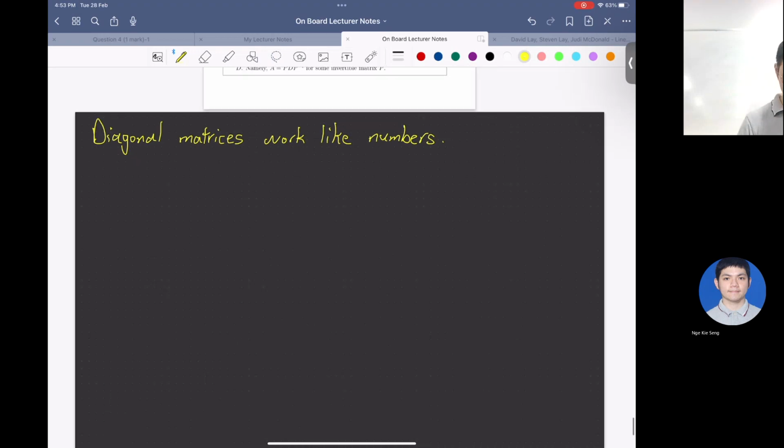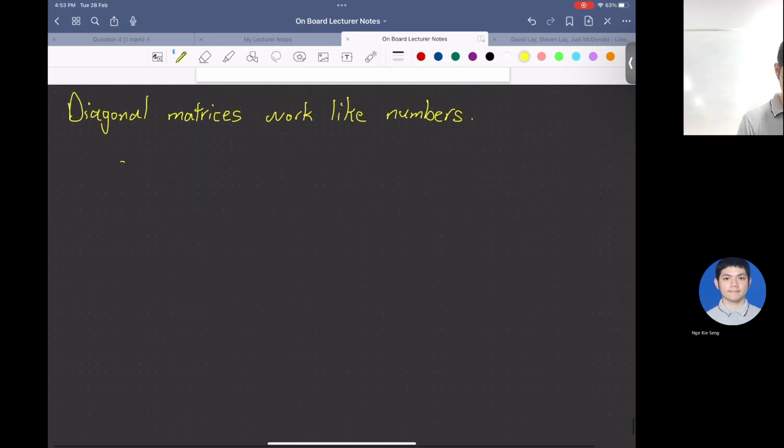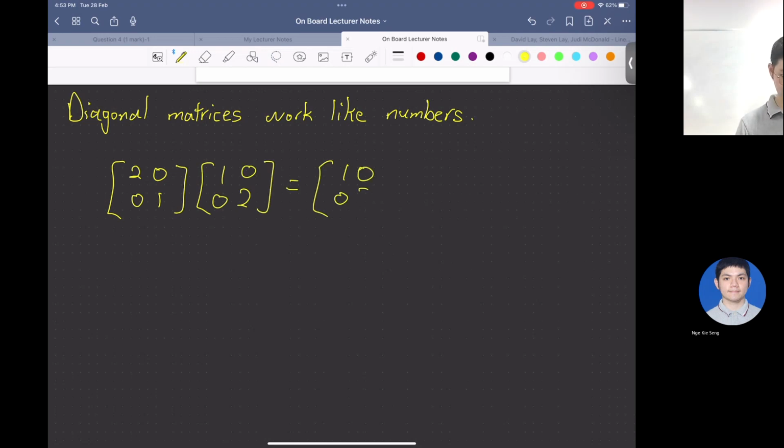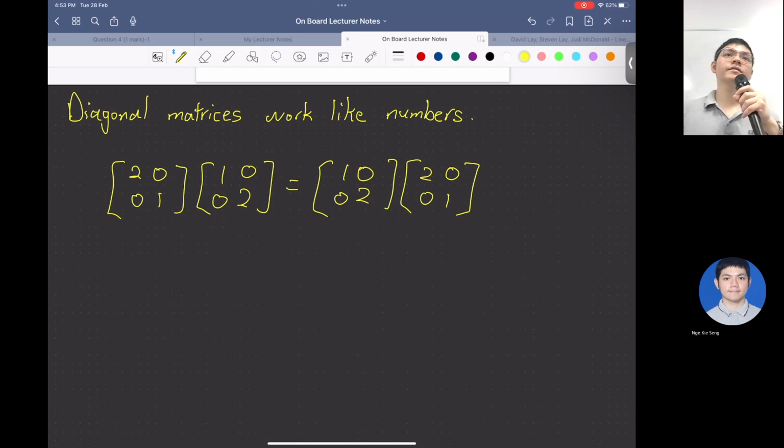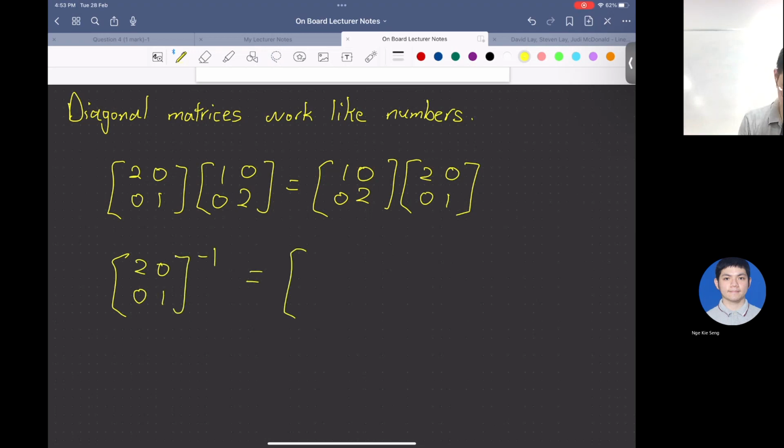For example, if you multiply two diagonal matrices, you can just commute them. And if you take the inverse, it is just taking the inverse on the diagonal terms.